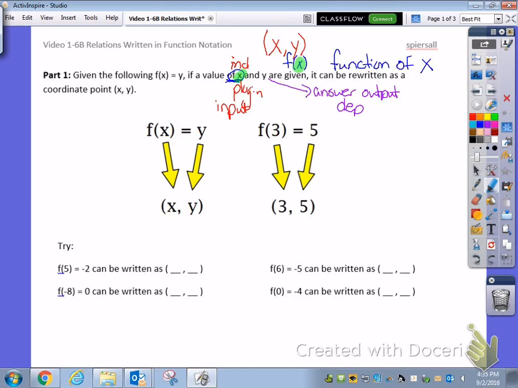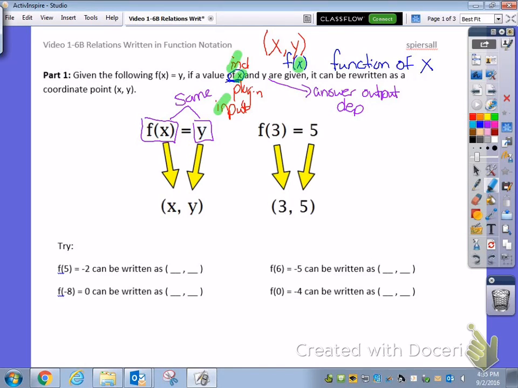Okay, and we talked about independent, input. That's your x. Okay, so let's say that you have f of x equals y. Because remember, f of x and y, those are the same thing.